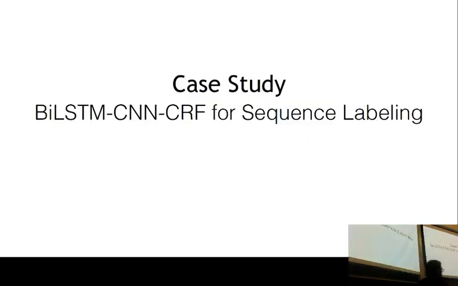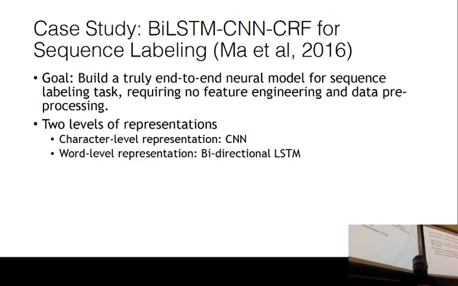So let's see how this can be applied for sequence labeling, going through this work by people here at CMU. Our goal is to have a completely end-to-end neural model that will do sequence labeling and will not do any feature engineering or data preprocessing.